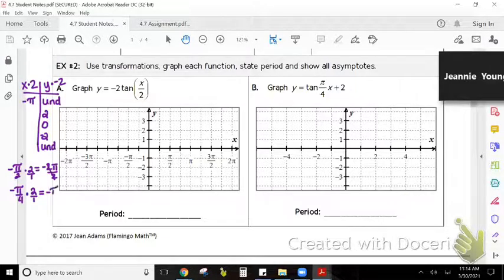So negative pi over 2, good. And then my next one is 0 times 2, which is 0. Pi over 4 times 2 is positive pi over 2. And positive pi over 2 times 2 is positive pi.